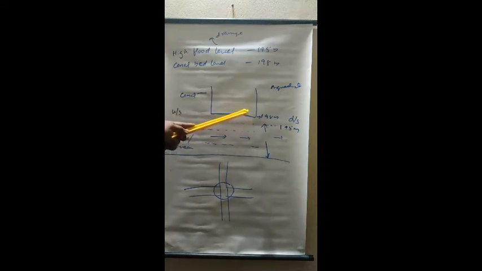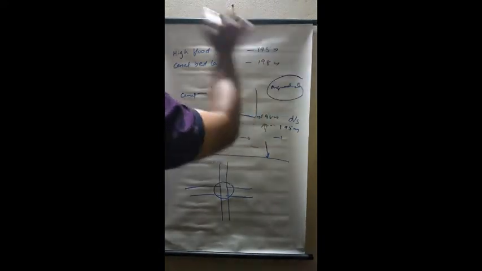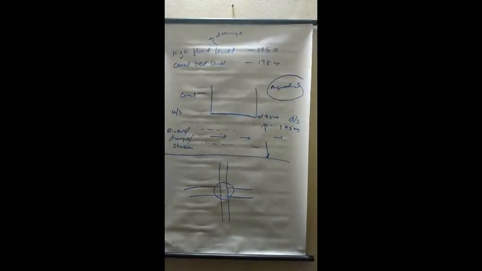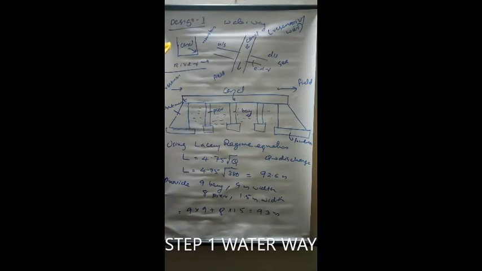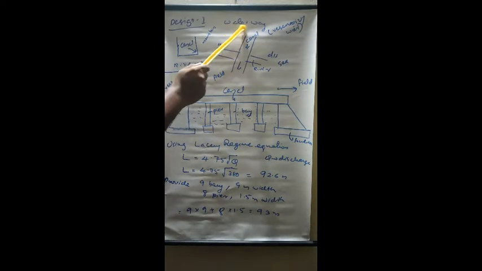The canal bed level is at the higher elevation. Okay, so this is the case of an aqueduct. So the first step in the design is the design of the waterway. So we'll come to the design of waterway now.